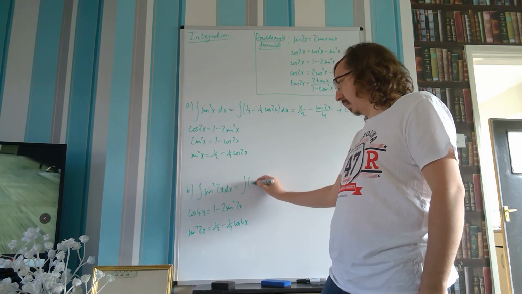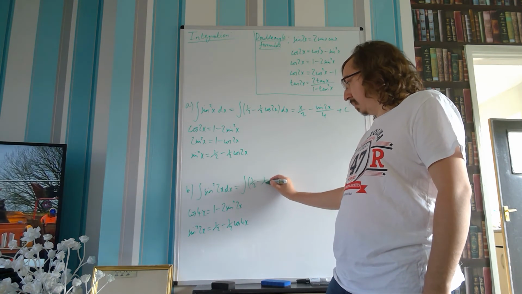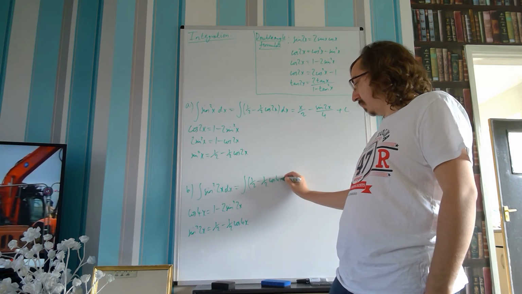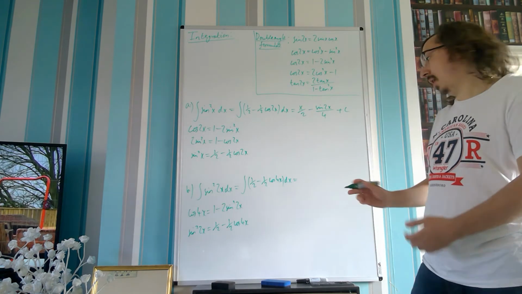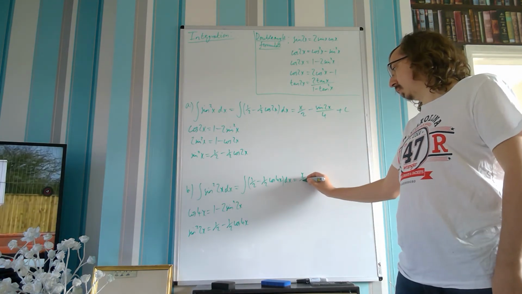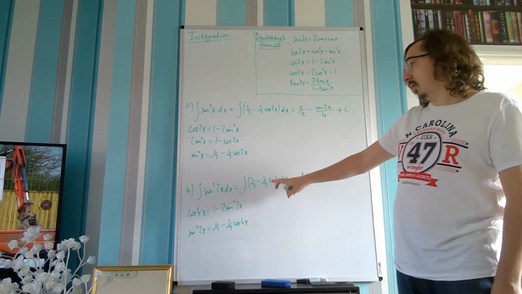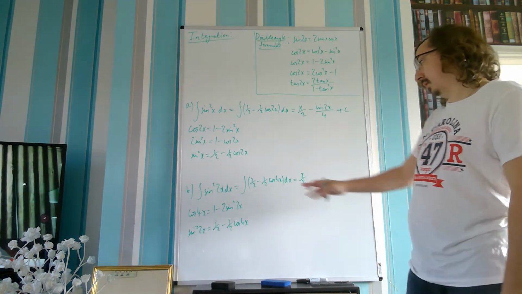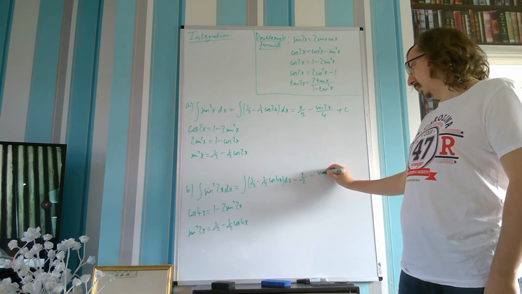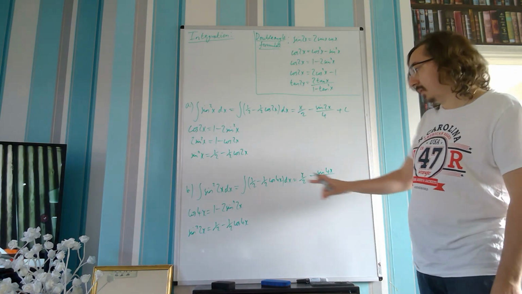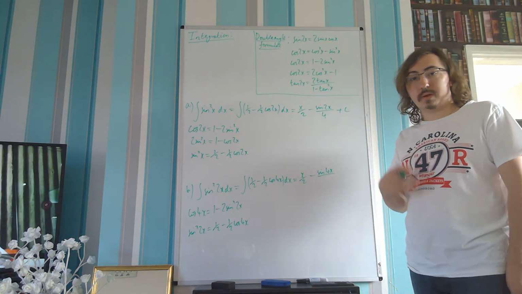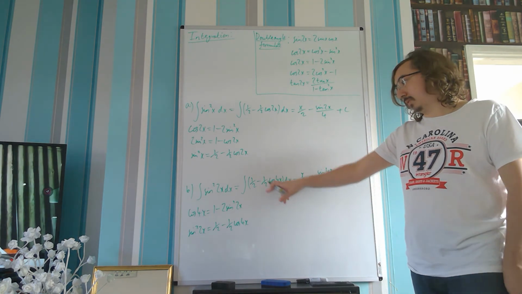So we're really integrating 1/2 minus 1/2 cos 4x with respect to x. The half becomes x over 2. The cos becomes a sine. So you've got minus sine of 4x in this case, divided by the differential of the 4x, which is 4, and also this factor of 2 there.